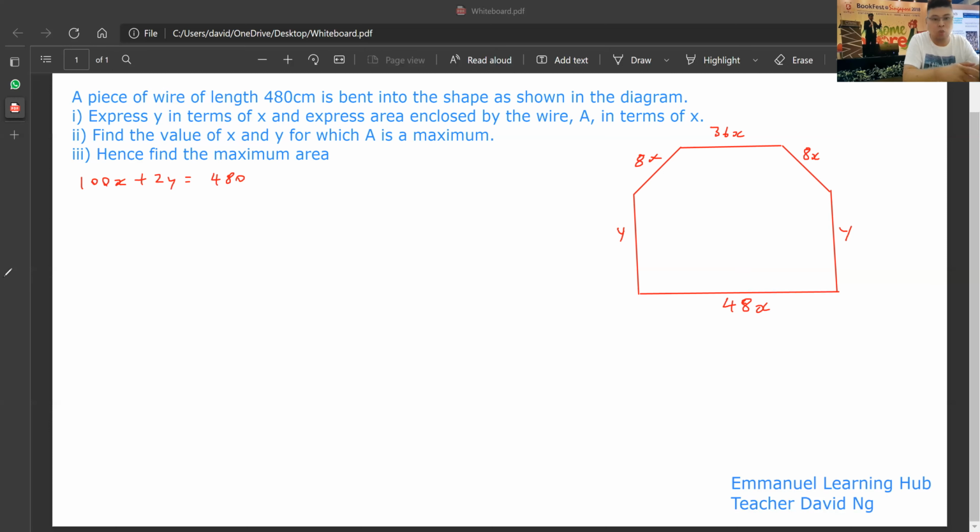Okay, 100x and 2y is 480. So y in terms of x, right? Right. Y in terms of x. Okay.